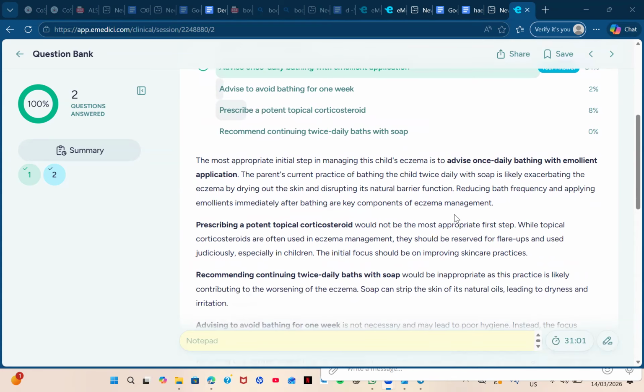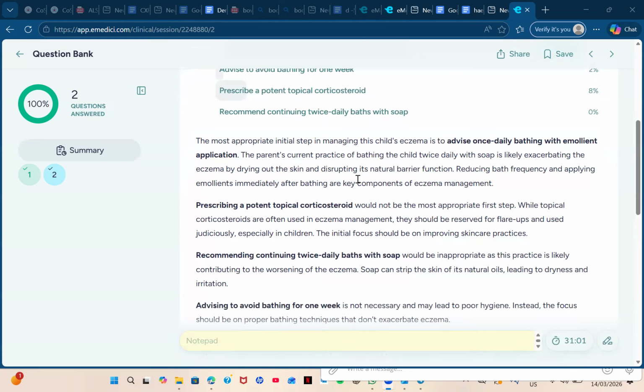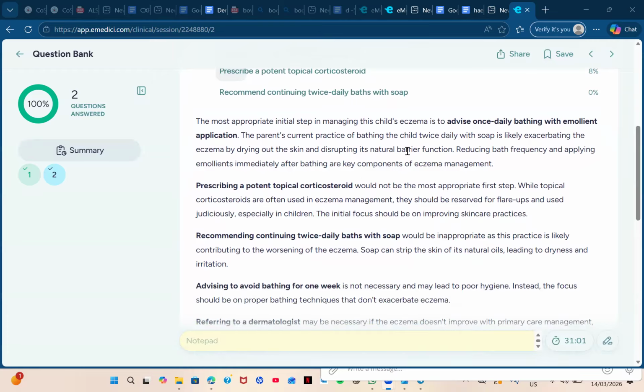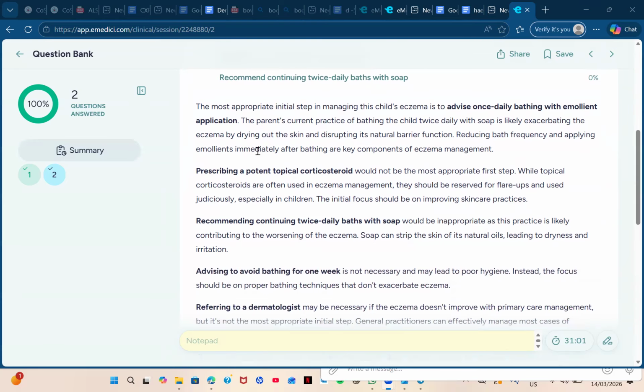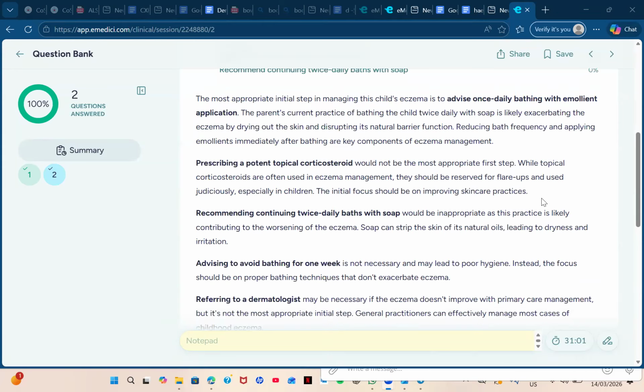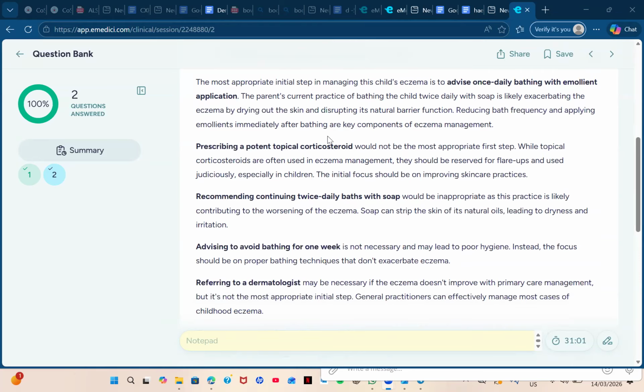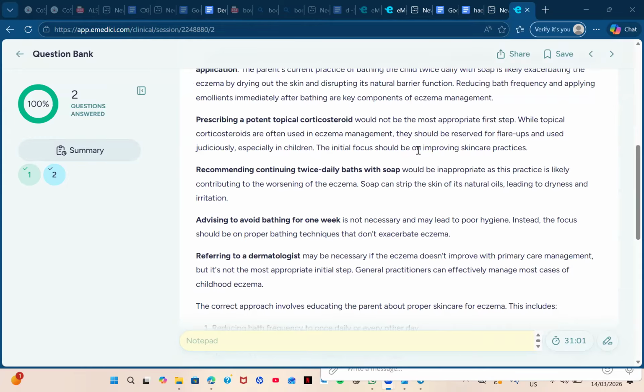Here, the most appropriate initial step in managing this child's eczema is to advise once daily bathing with emollient application. The parents' current practice of bathing the child twice daily with soap is likely exacerbating the eczema by drying out the skin and disrupting its natural barrier function.